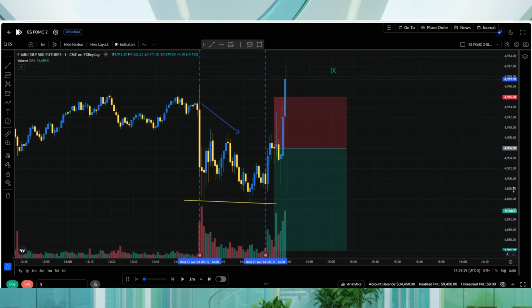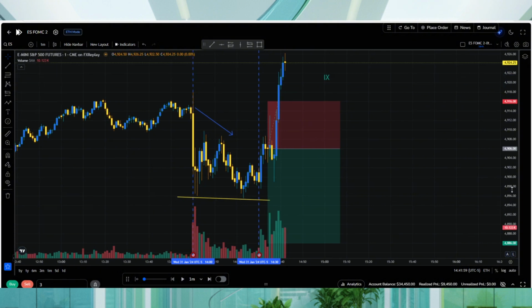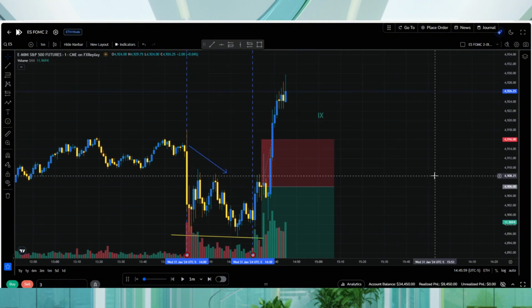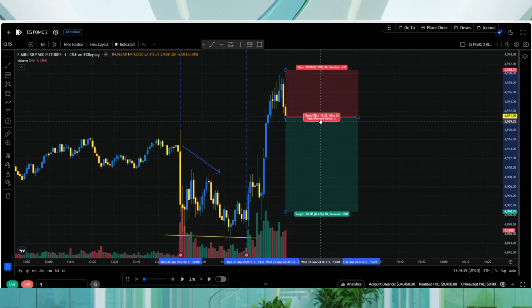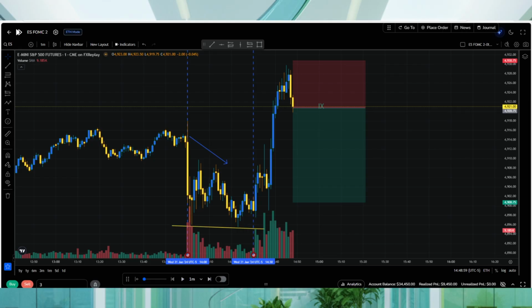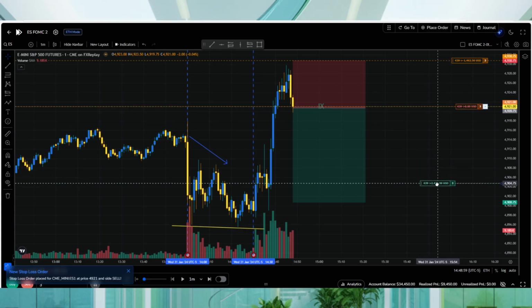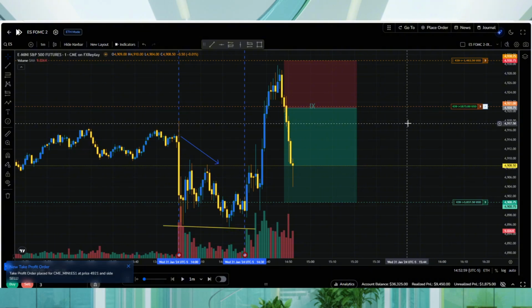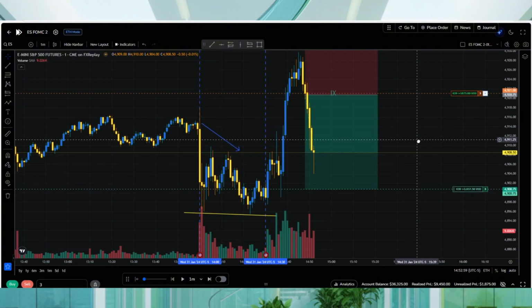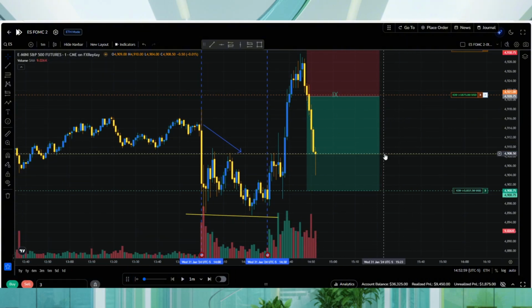Stopped out on trade number 1. And we have an opportunity to take a trade number 2. Which is moving smoothly.